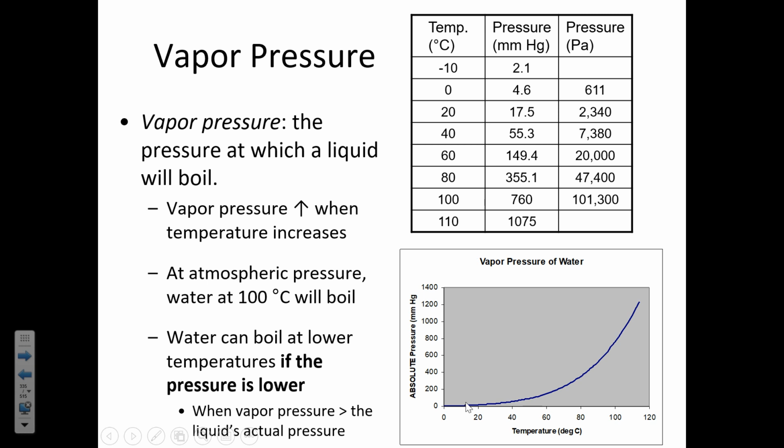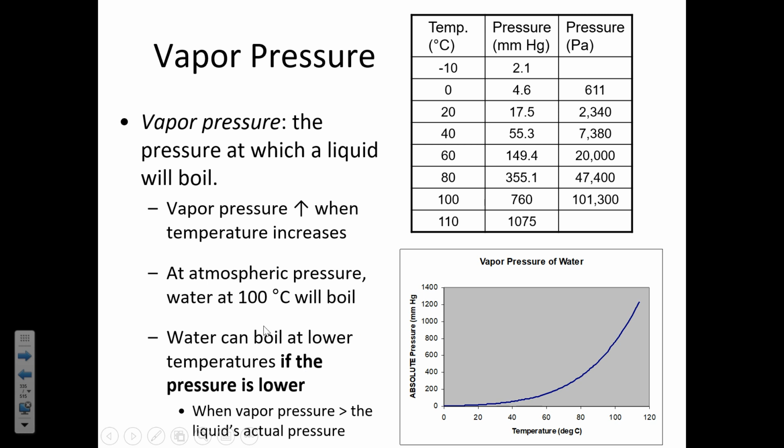Here's a figure that shows the dependency of vapor pressure on temperature. And of course, the warmer the water is, the higher the vapor pressure of water gets, until at 100 degrees Celsius it equals the atmospheric pressure of 760 millimeters of mercury, or 101,300 pascals.